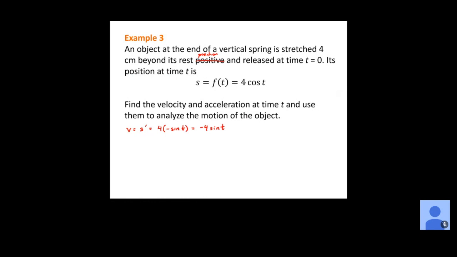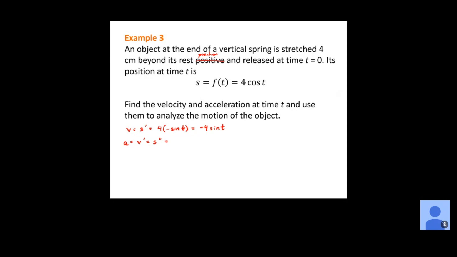Now, I also want to find acceleration. How are we going to find it? Find the derivative of what we just found, which is the second derivative of position. So we're finding the derivative of v, the same thing as s double prime. What's the derivative of that velocity function?